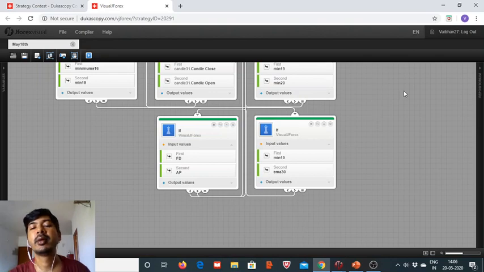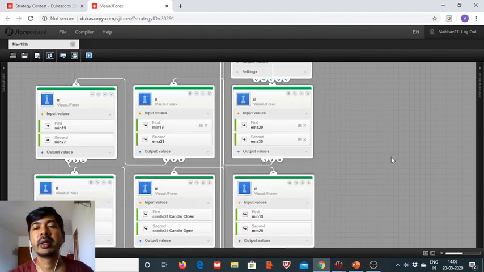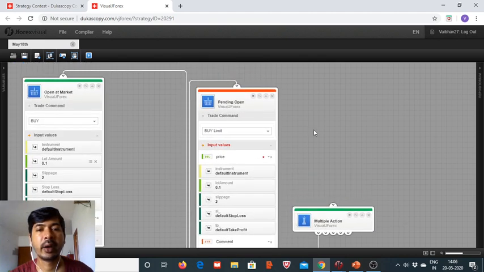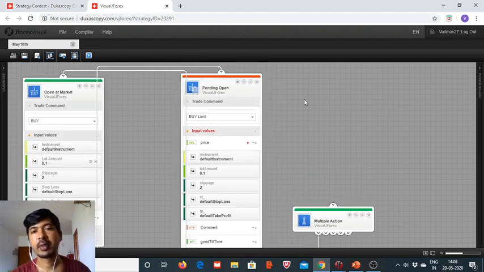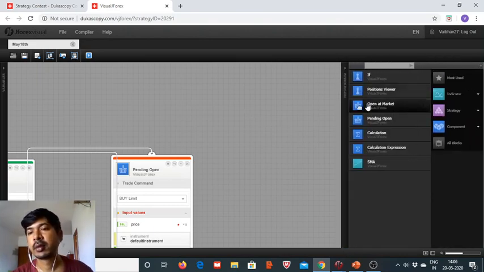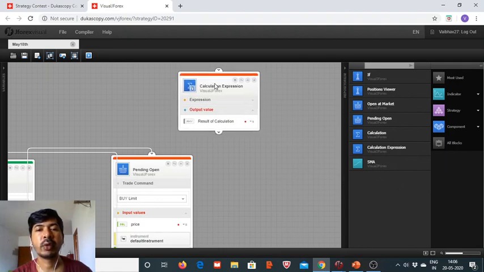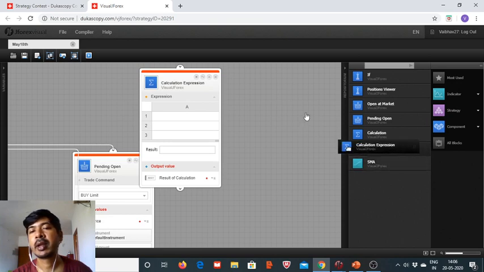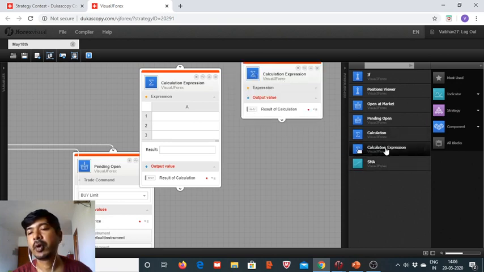We will need the output in the integer, and most of the calculations we have done so far are in the double format. So now we take calculation expression, we need to do three calculations, one for the stop loss, one for the target price, and one for the order validity.